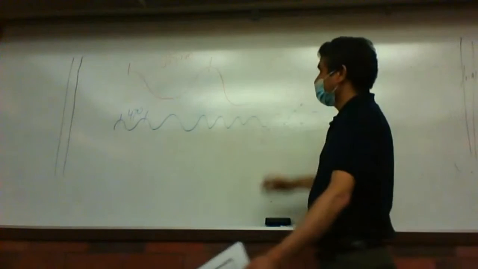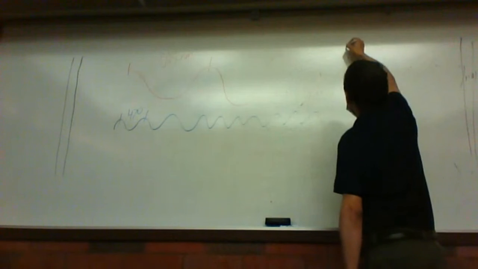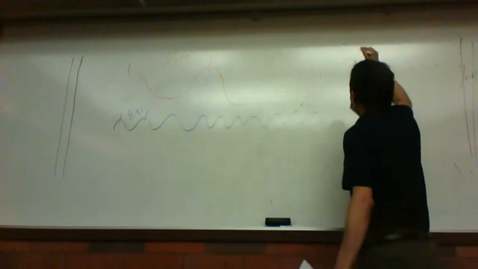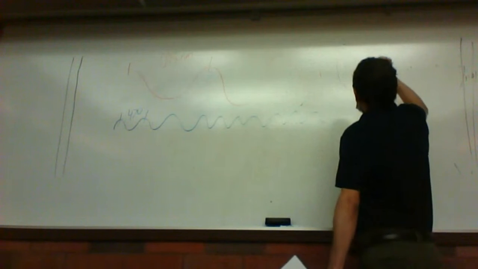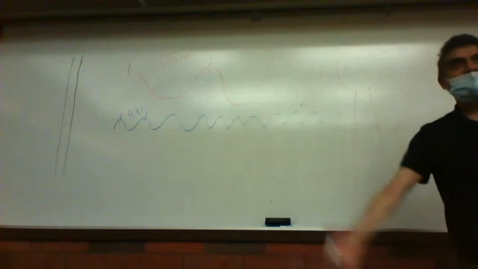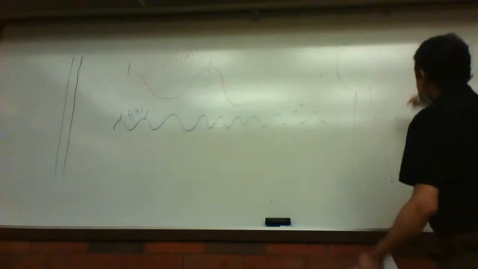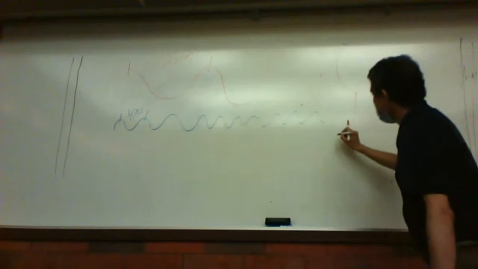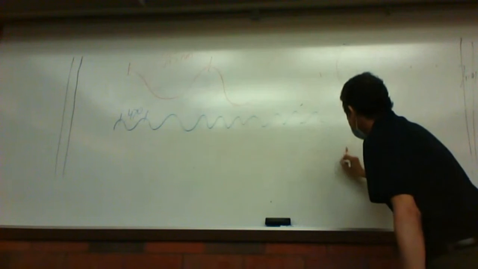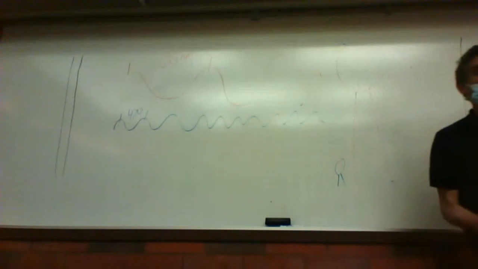So red looks like this. Imagine some father. This guy is a father, and he has a long leg. And then here is a daughter, like the blue, and she has a short leg here, right?